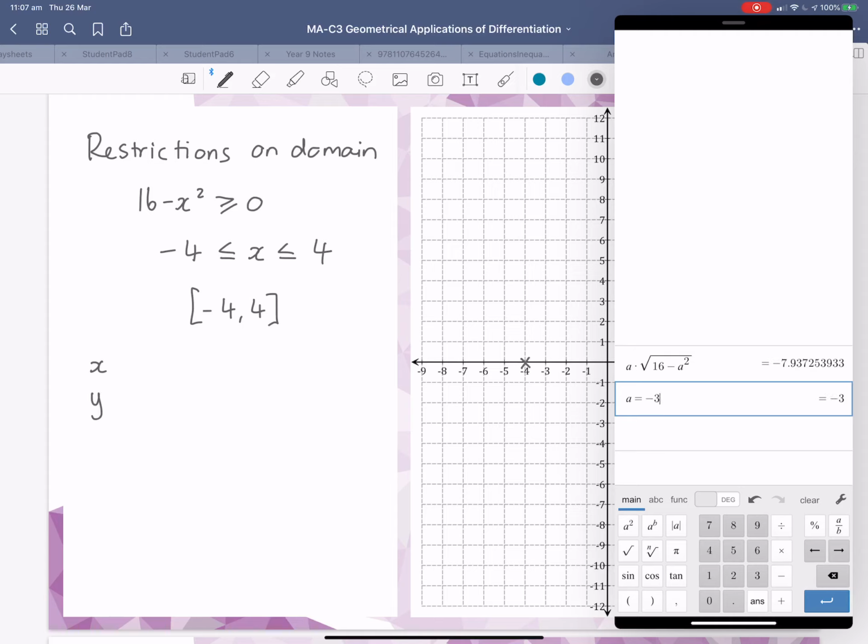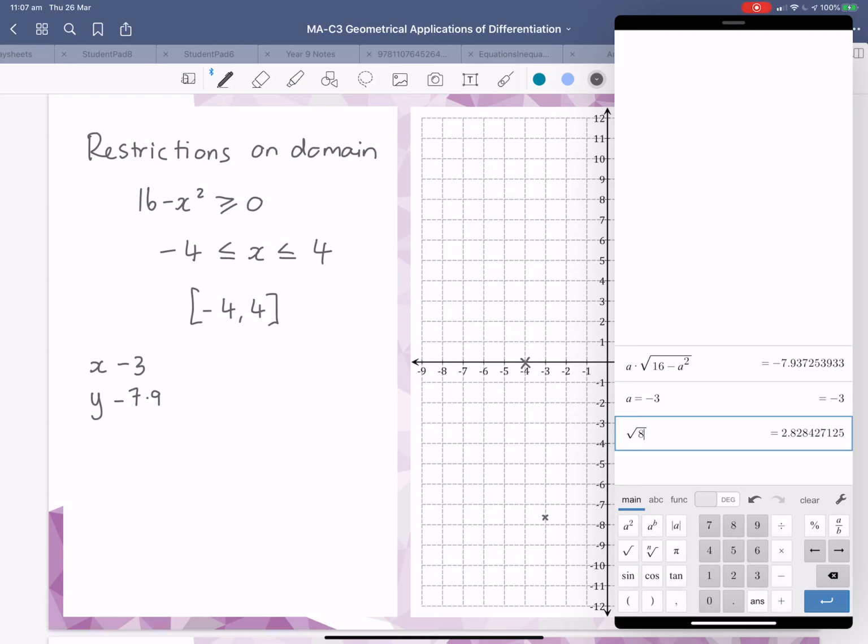A is negative 3. We get minus 7.9. So thereaboutish. Now root 8, it's about 2.8.